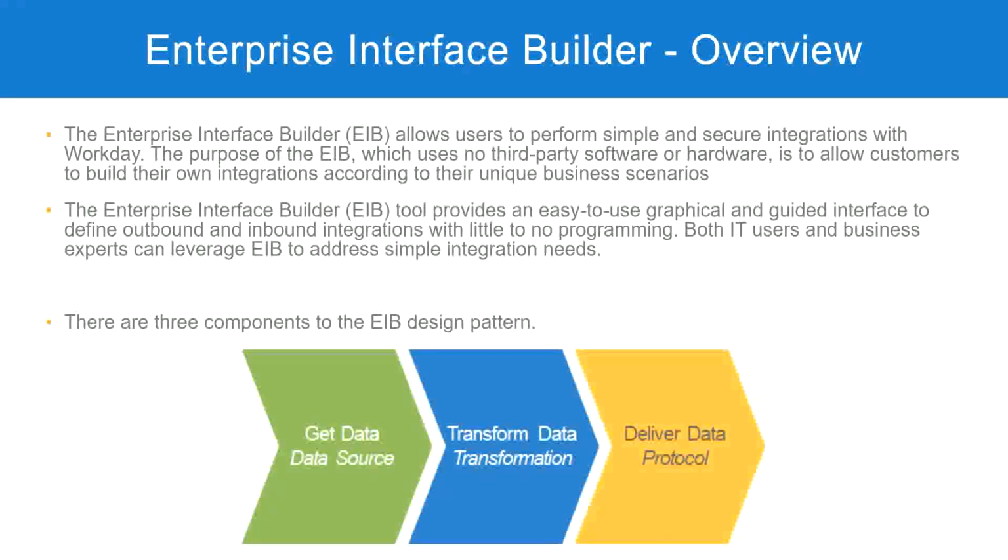That is something we have to configure. Do we need transformation? If yes, configure that. If no, leave it blank. And then deliver the data. How are we going to send the data to an external system? We have to configure that as well. So once we do these 3 steps, our EIB is ready. We are going to start exchanging information from Workday with an external system.